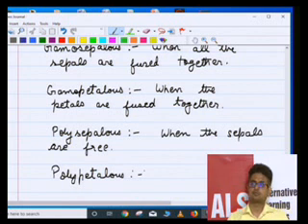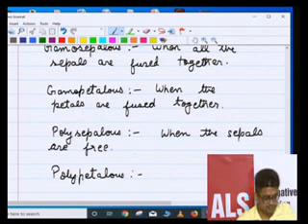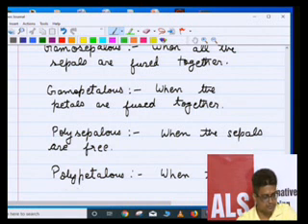Polypetalous means all the petals are free, when the petals are free, not fused.